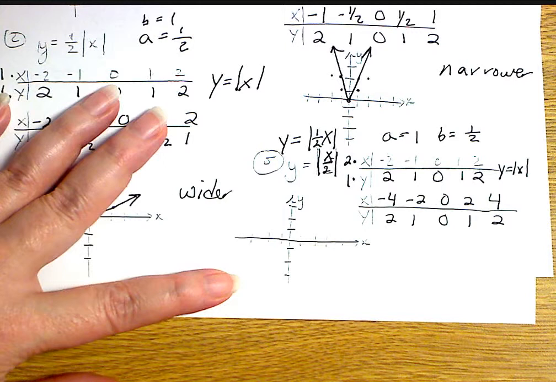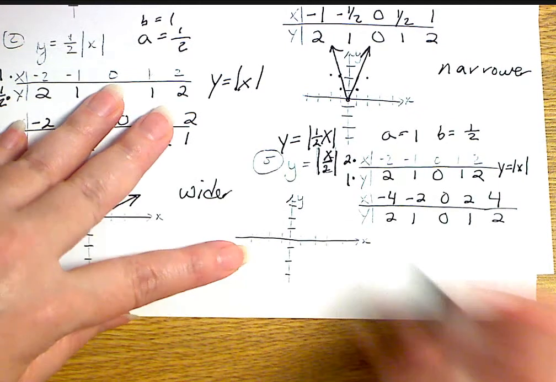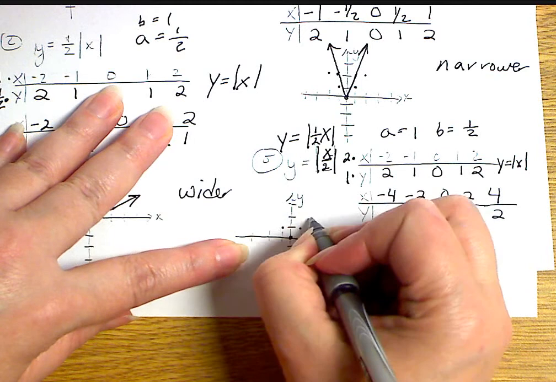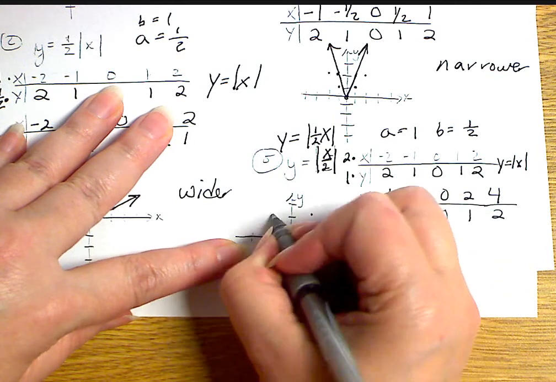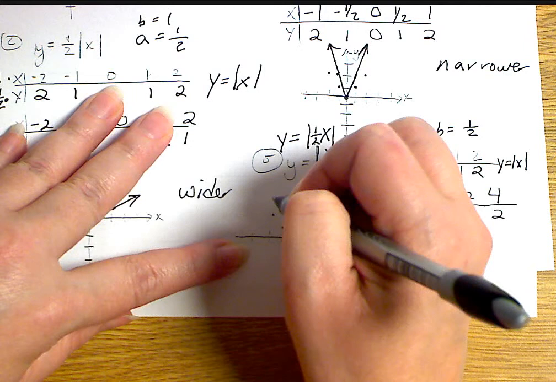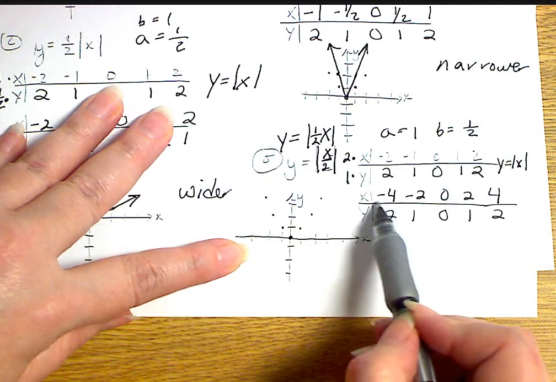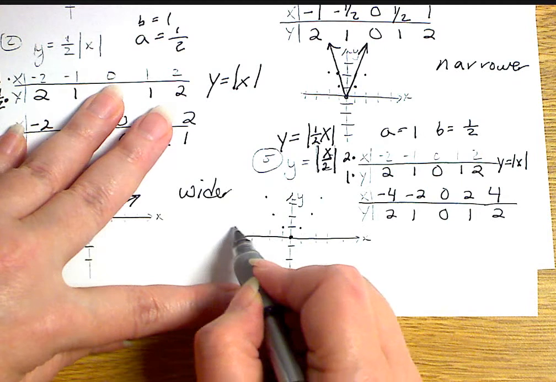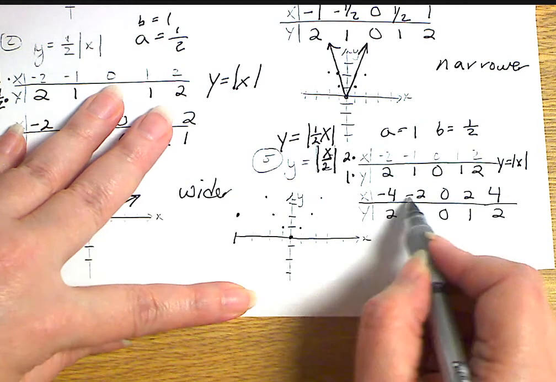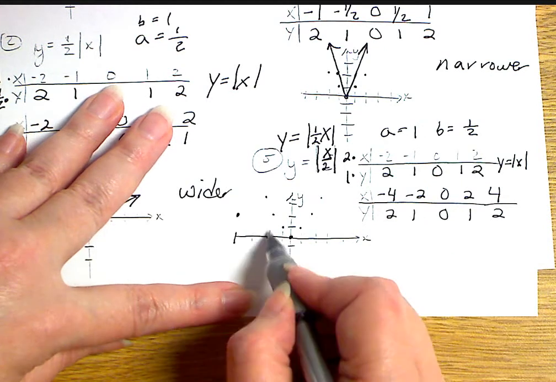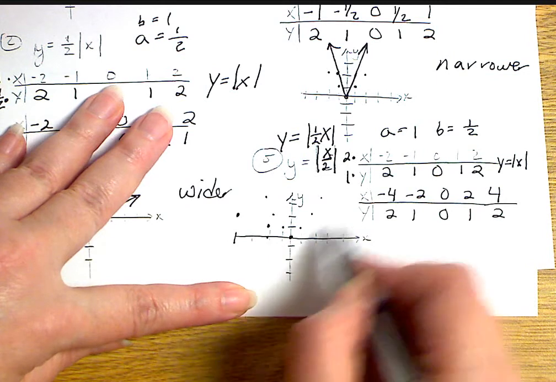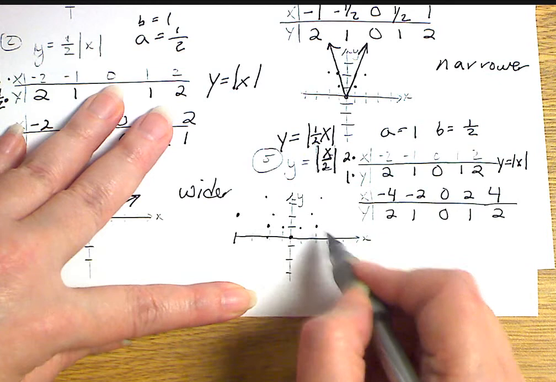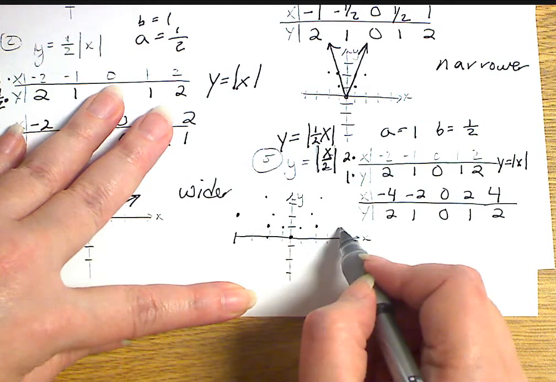Alright, so parent graph again. And the bottom one, we have -4, 2. -2, 1. 0, 0, 2, 4, or 2, 1. And 4, 2.